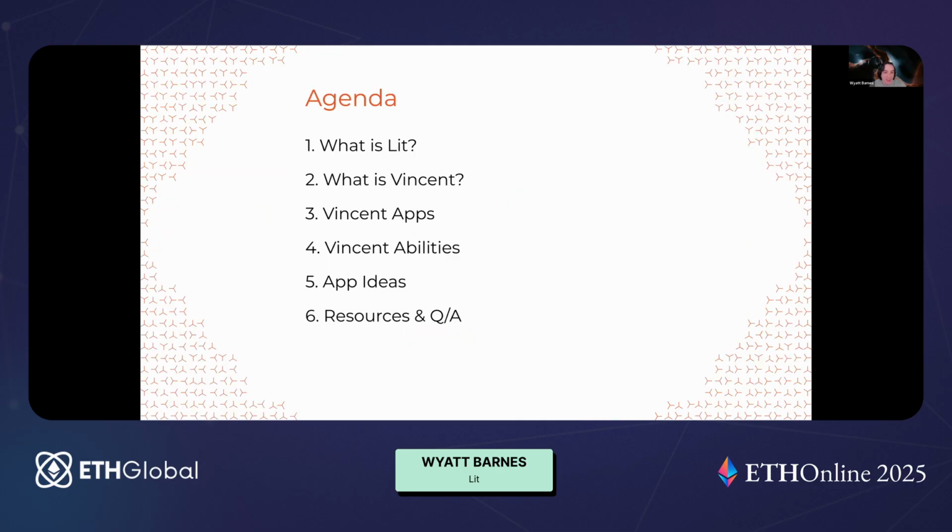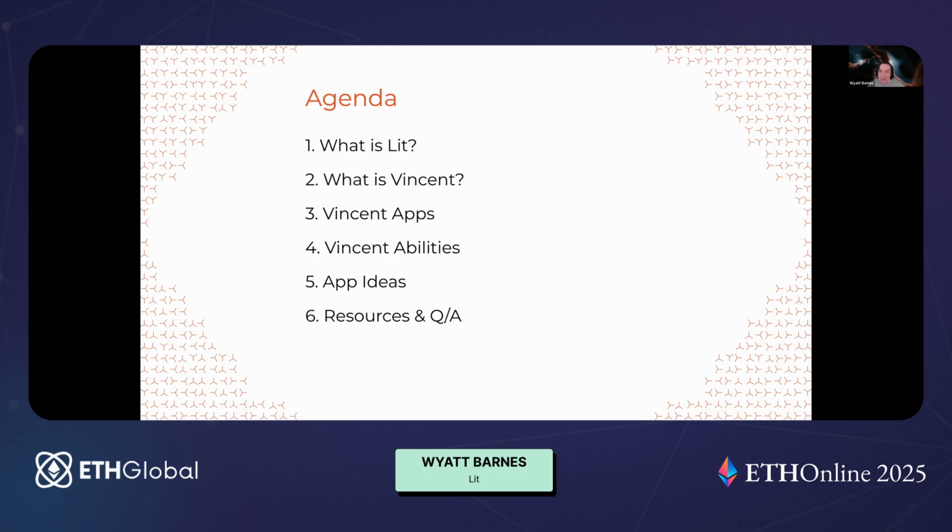called Vincent. To start off our agenda, we're going to be covering a little bit about what is Lit, just to give you the background, since that's the basis of what forms Vincent. Then we are going to get into Vincent and what it unlocks in terms of capabilities. We're going to cover Vincent apps, which are just the applications that are built using the Vincent framework. Vincent abilities is what powers these apps.